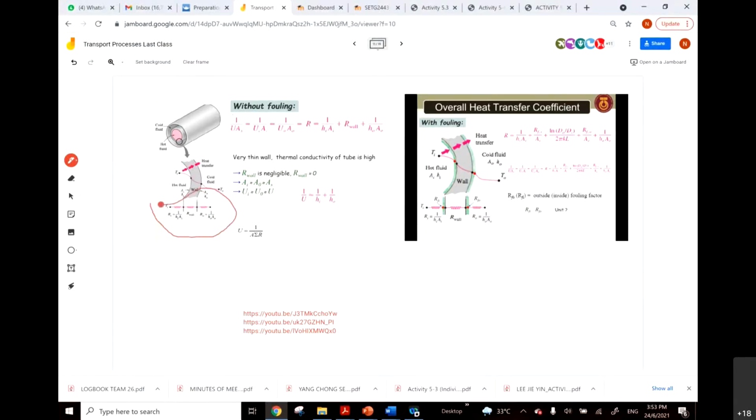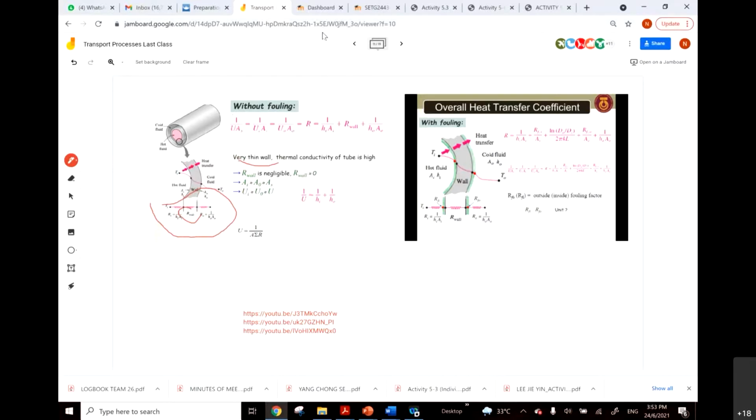Okay. Thin tube wall. Very good. Lygia, very good. If you have a very thin wall, then you have no resistance due to conduction. So you can neglect conduction if the wall is very thin.